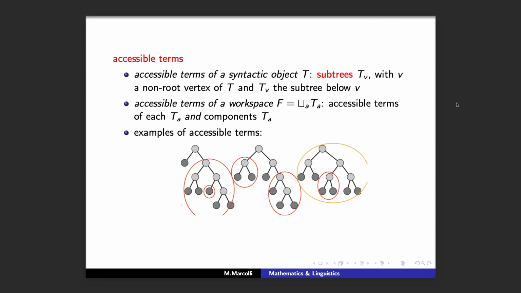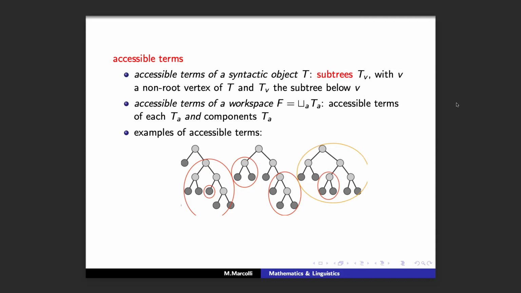And so the next thing that I need to define is what is meant by accessible terms. These are the substructures that we want to be able to use in order to modify sentences that are already built. So the way you define it is simply the following. If you have a syntactic object, which is one of these non-planar trees, you pick any internal vertex, which is not the root of the whole thing, or possibly a leaf.